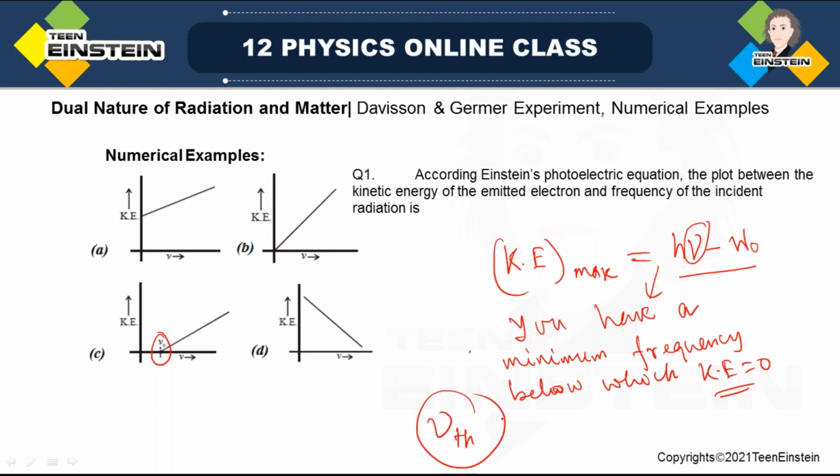Only when a minimum frequency is applied, that is called the threshold frequency. Out of all these graphs, this one shows a threshold frequency nu 0. So curve C will be the answer. Otherwise there is no threshold frequency in the others.